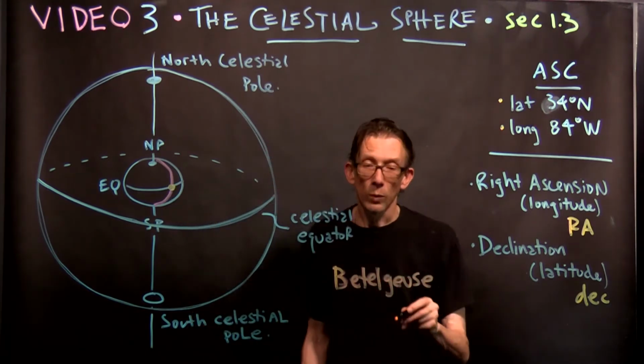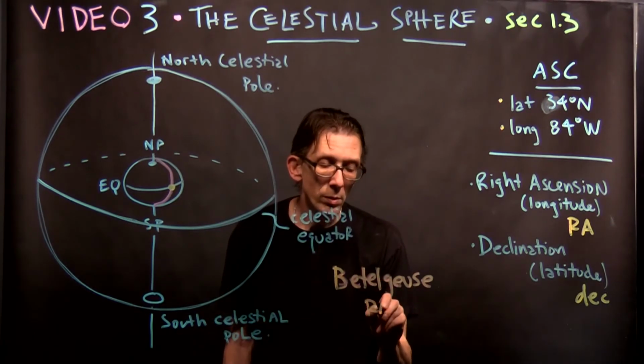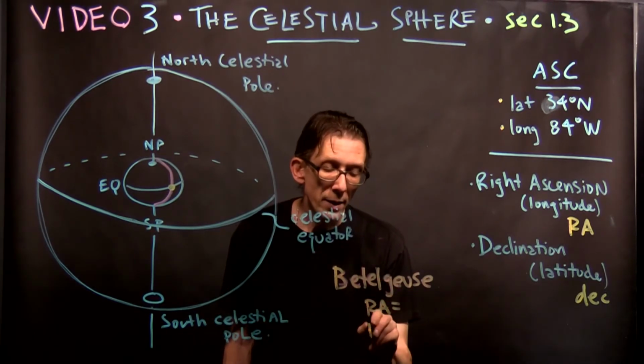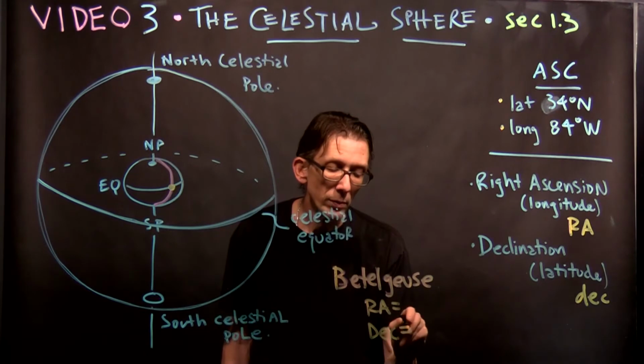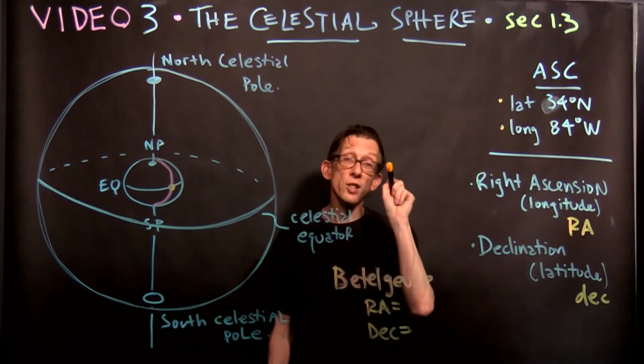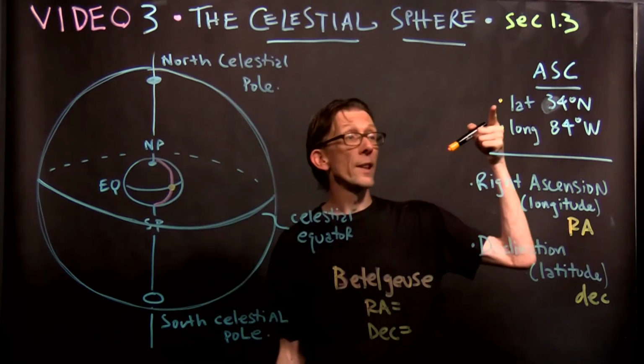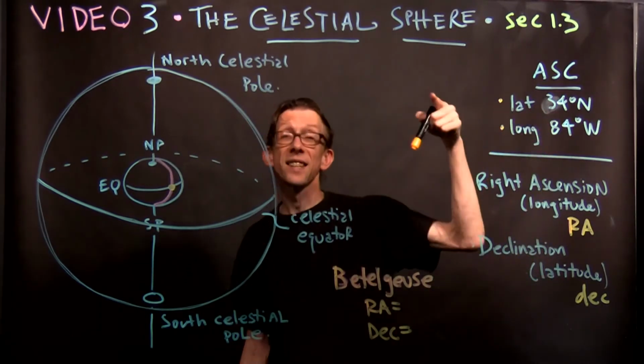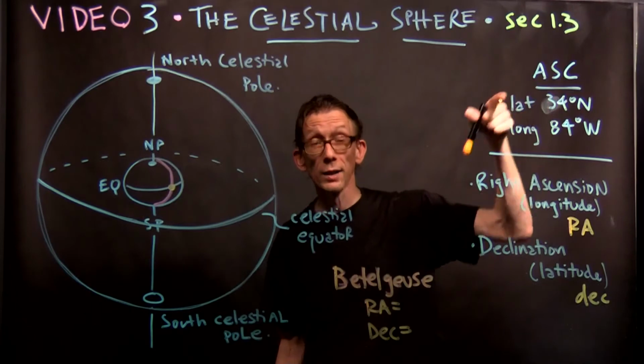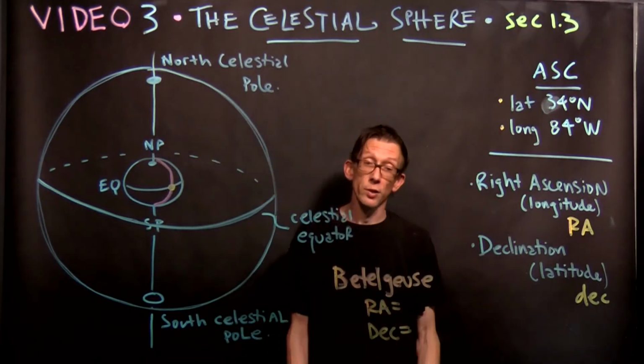Right ascension and declination. And that locates the star on the celestial sphere in exactly the same way that latitude and longitude locate a city or a town or a college on the terrestrial sphere.